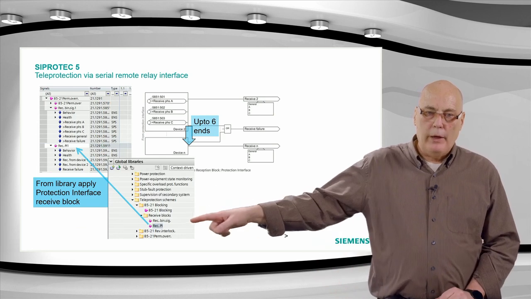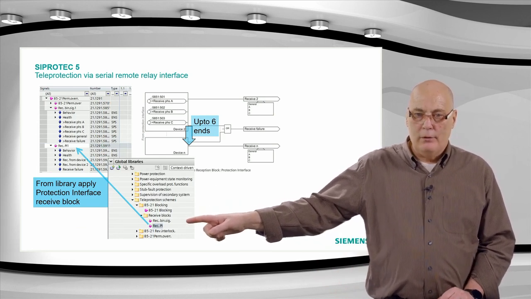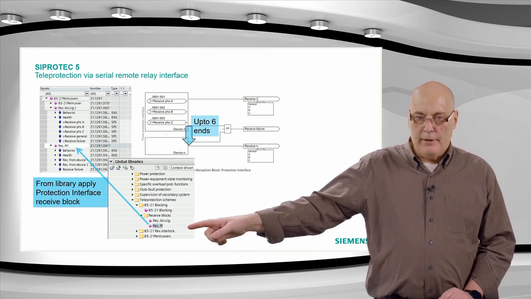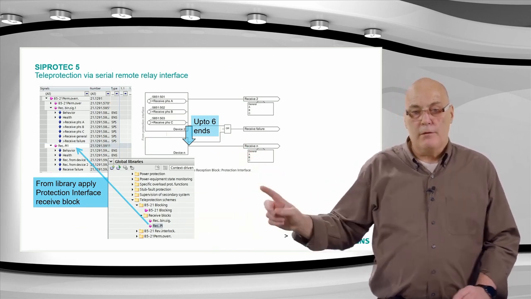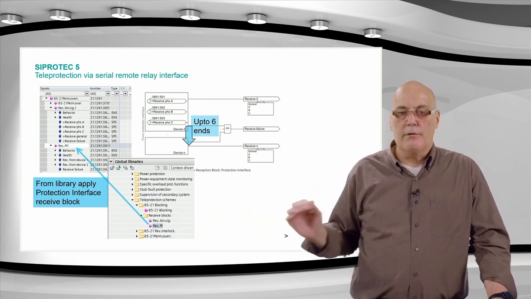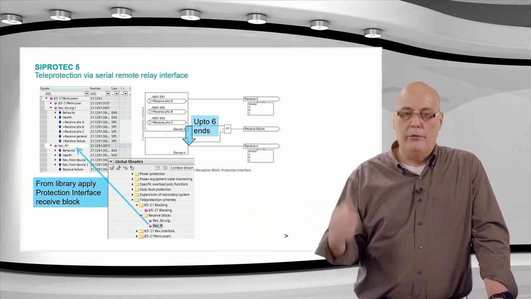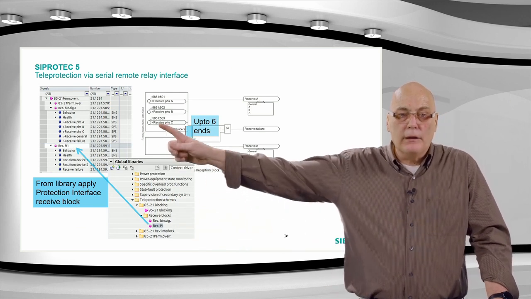Okay, so the way in which your protection interface is configured doesn't really matter. That's an internal serial or IP interface to the remote end, and you can put your signals through this interface, or you can put the signals through contacts and binary inputs in the classic sense. Both of those can be phase selective, as you can see here.